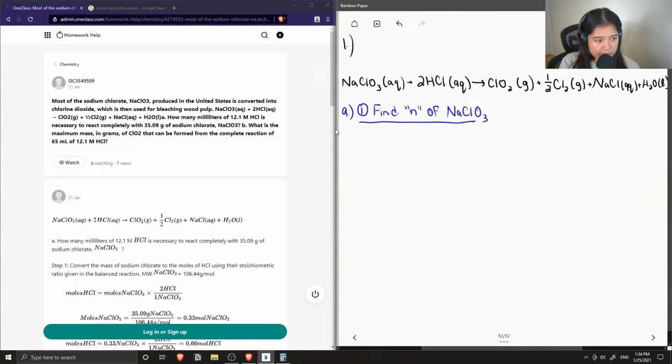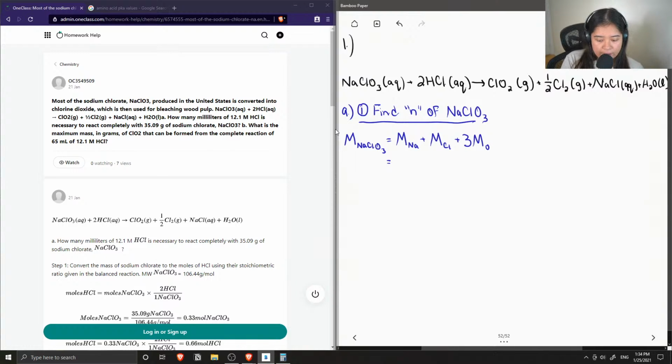First let's calculate the molar mass of sodium chlorate. We know that it's going to be the molar mass of sodium plus the molar mass of chlorine plus 3 times the molar mass of oxygen.